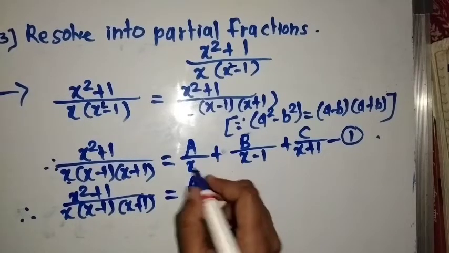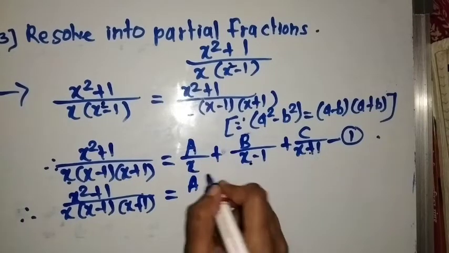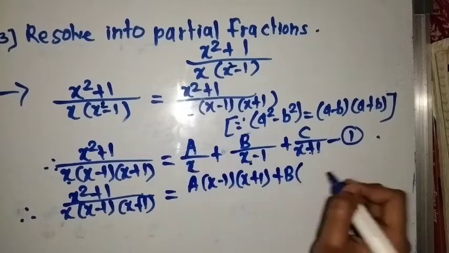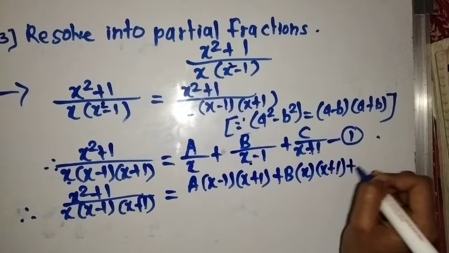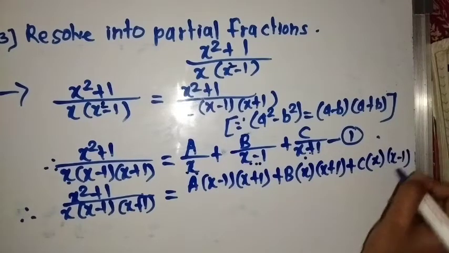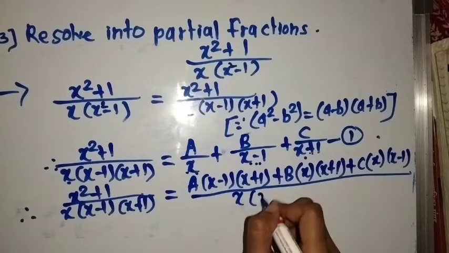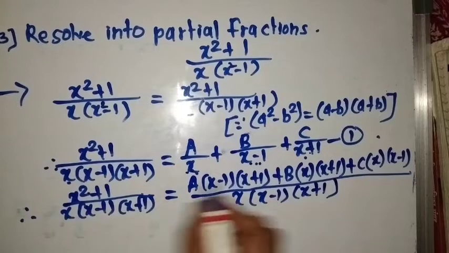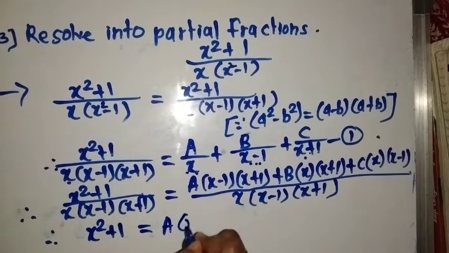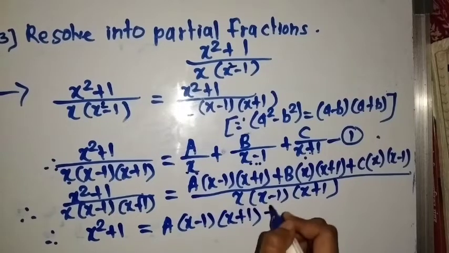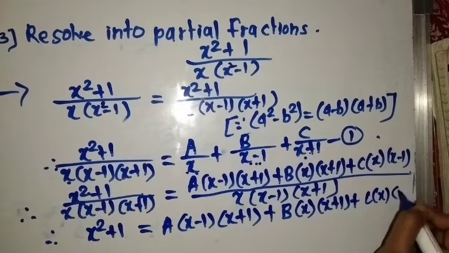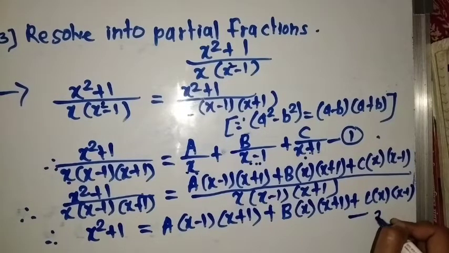Hence we get this equation. These cancel, and we get x square plus 1 is equal to a(x minus 1)(x plus 1) plus b(x plus 1) plus c(x minus 1). This equation is the second equation.